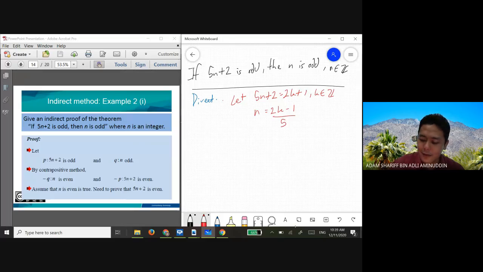So, again, we already get the answer already. n is (2k minus 1) over 5 pula. So this one, n is not necessarily odd. Again, nampak macam odd, tapi sebab dia per 5 kat situ.